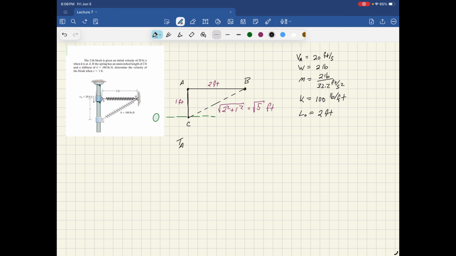That says that the kinetic energy at point A plus the potential energy at point A has to equal the kinetic energy at point C plus the potential energy at point C, not B. The value for T_A is going to be 1/2 m v_A squared, which will be 1/2 times the mass, 2 over 32.2, times the velocity, 20, squared. Working out the values, that is 12.42 pound-feet.